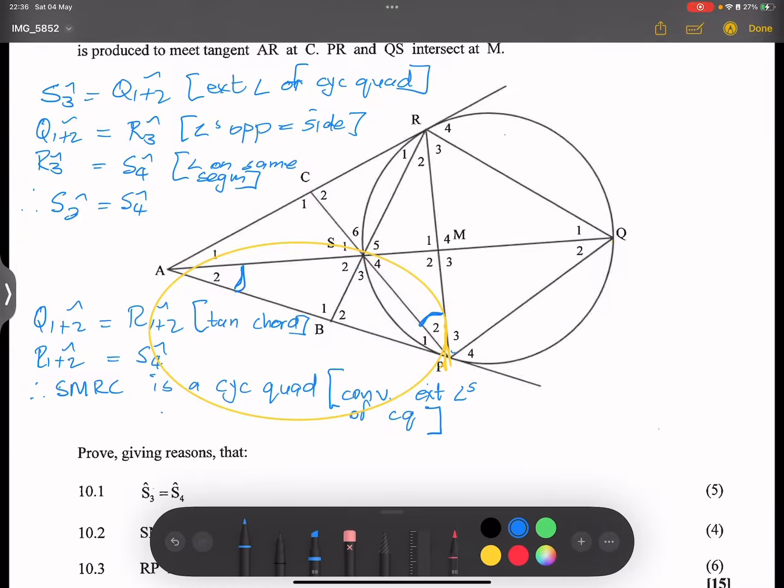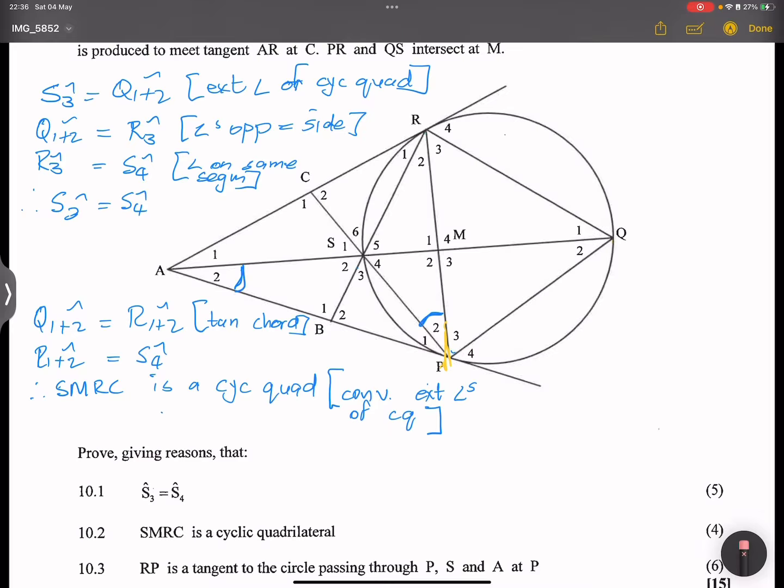Right, so now let's try to do so. If I look at what we've just done, let me start with S4, right? So in this triangle SAP, S4 would be the exterior angle of that triangle, right?